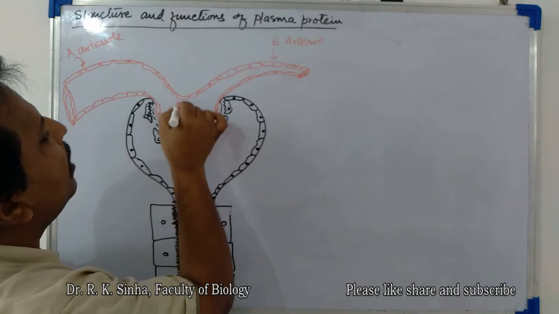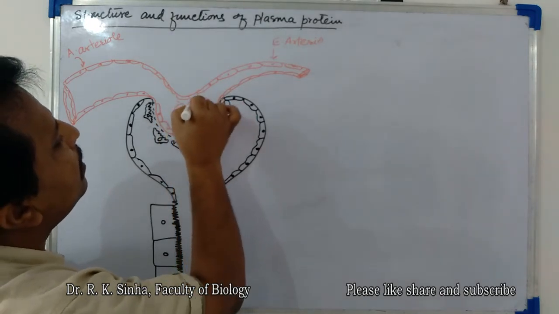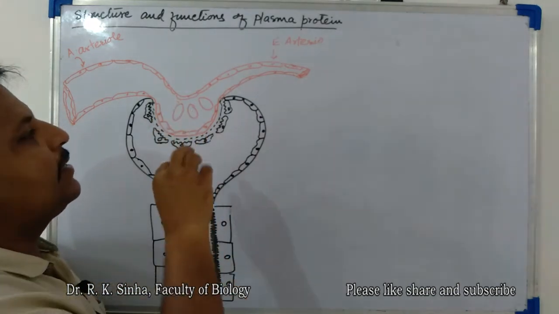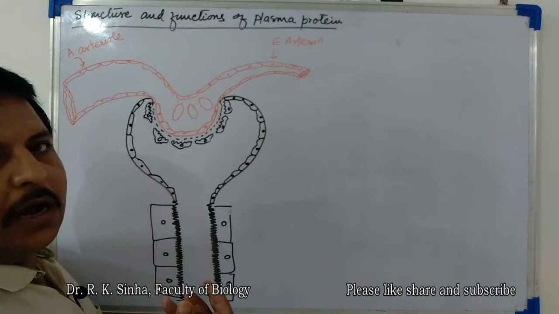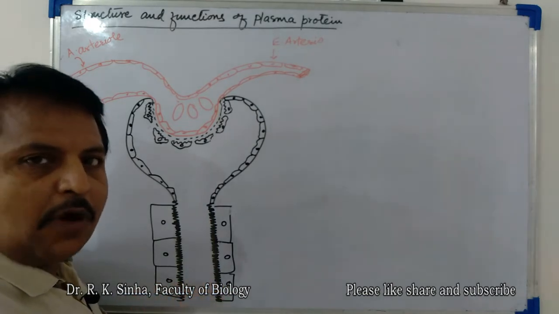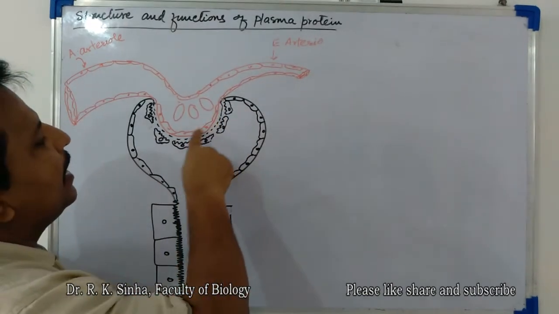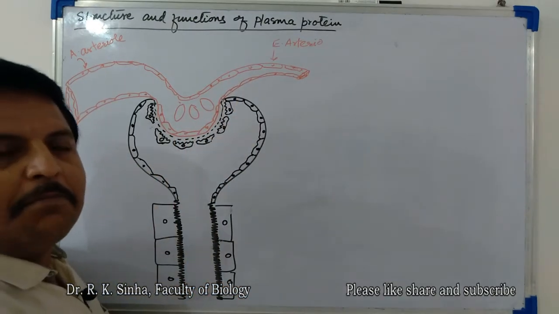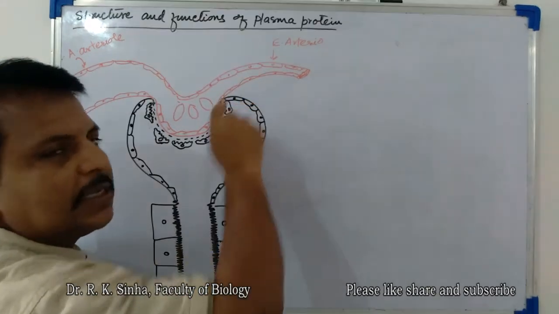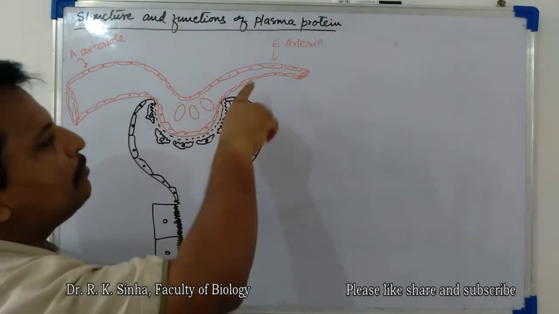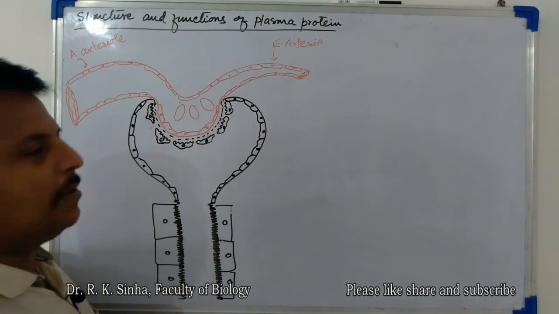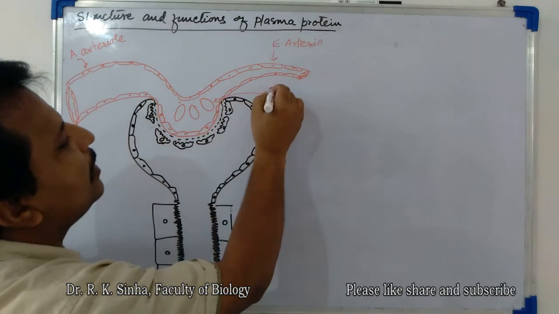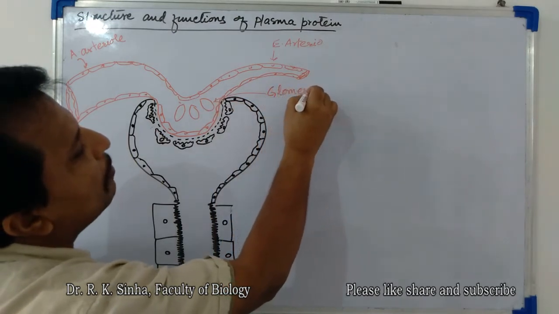The lining of the blood capillaries, as we know, is squamous epithelium, meaning internally it will be lined with squamous epithelium, and below that there will be smooth muscle, meaning involuntary muscle. So this is the glomerulus.